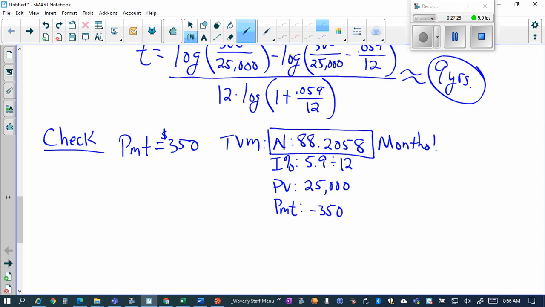So how are we going to find the number of years? Anybody want to take that one? Divided by 12, and you get approximately how many years? 7.35 years. So you shorten this long term significantly.